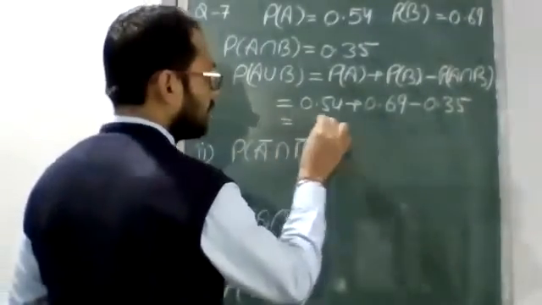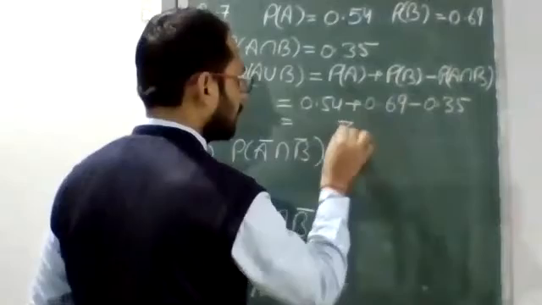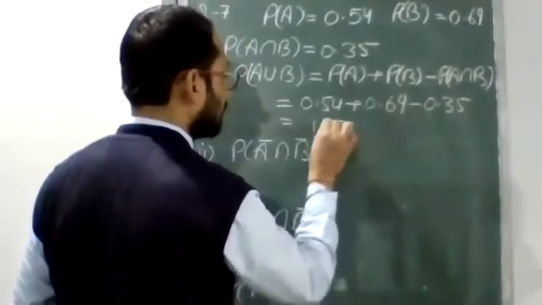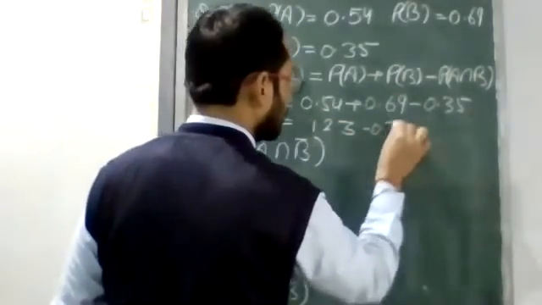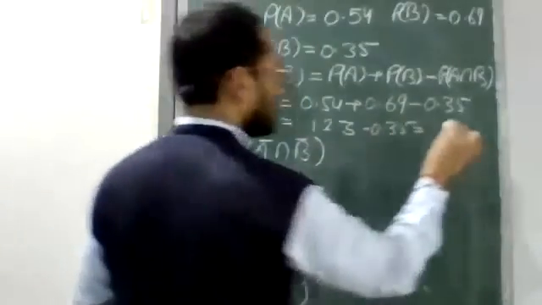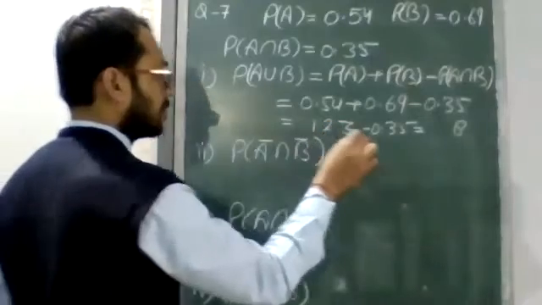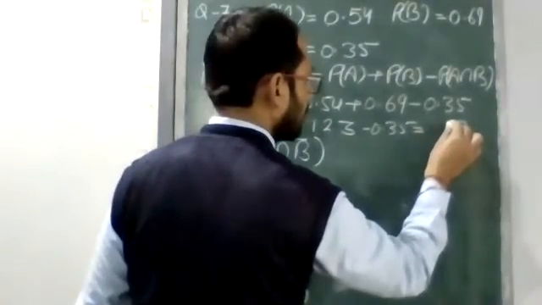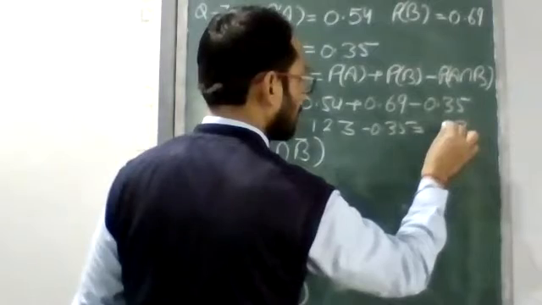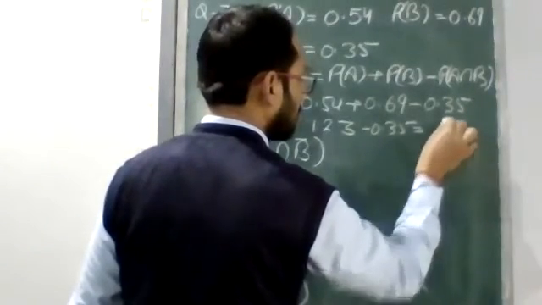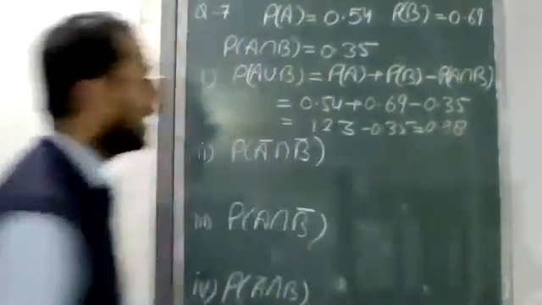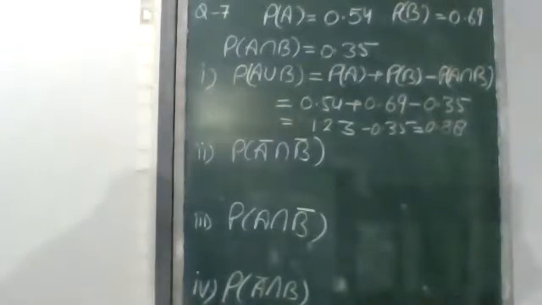So it will be 0.88, which is the probability of getting A union B.